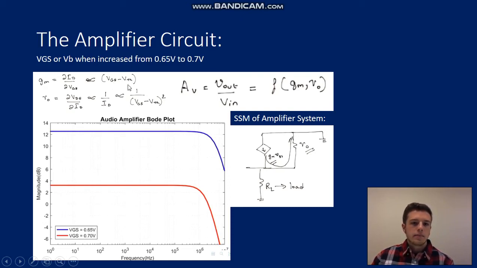As you increase this, GM will increase, which is our transconductance, by the way, and our R naught will decrease at a much quicker rate because this relation is squared, and thus, as you can see in this graph, it decreases the gain of the whole system, because with R naught being smaller, the current will go through the path of least resistance instead of our load, which is our speaker in this case.